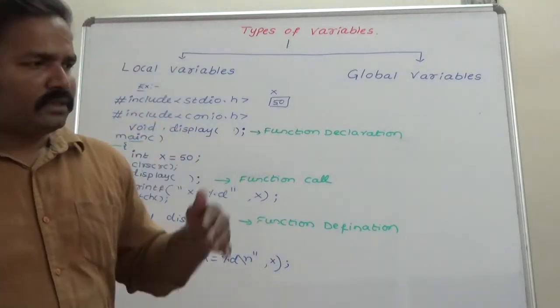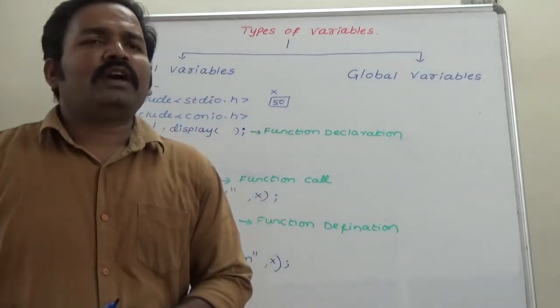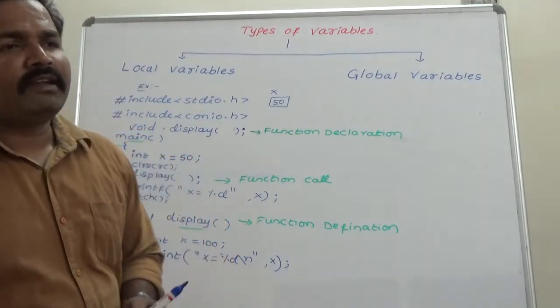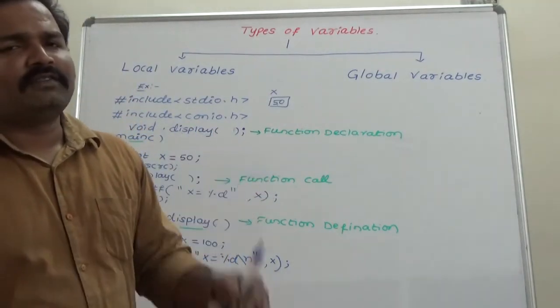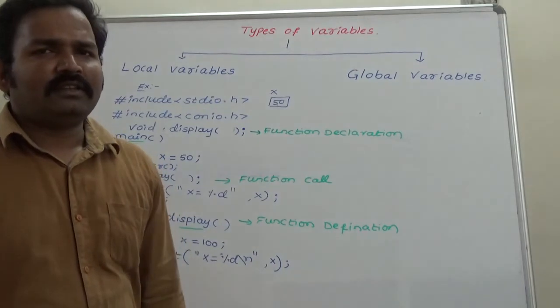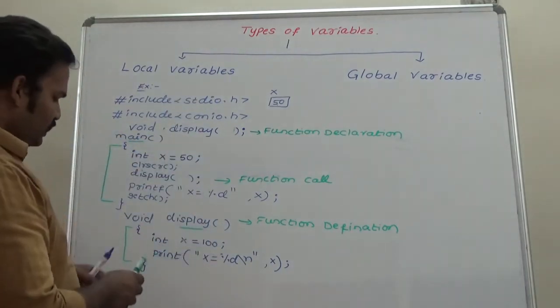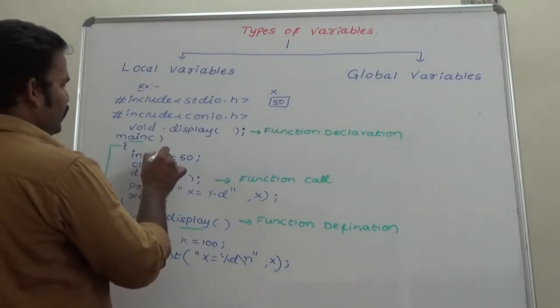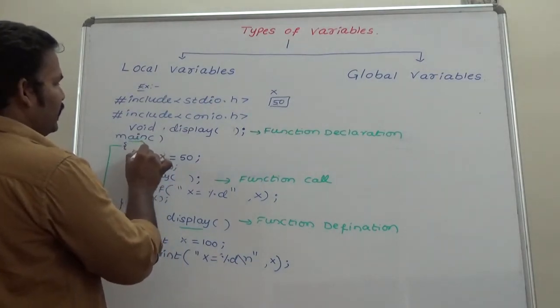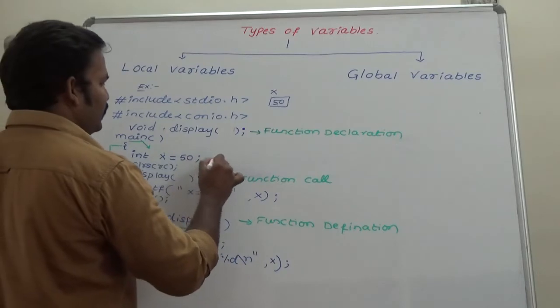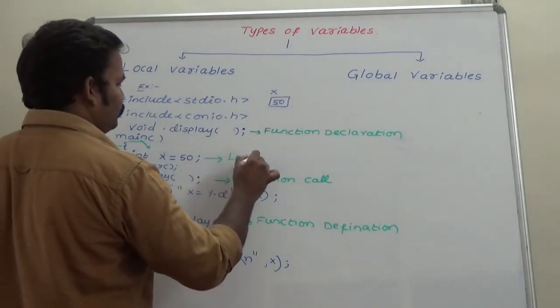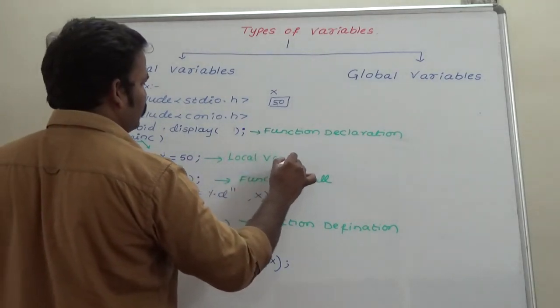As I said before, local variables are the variables which are declared within the function or inside the function. Here x variable is declared in main function. That's why x is a local variable.